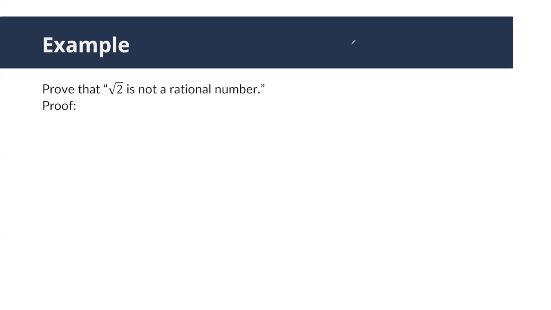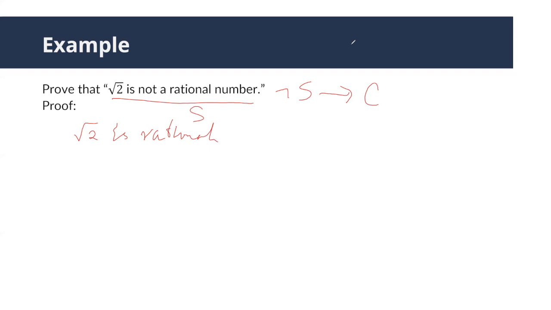So we are going to assume not S is true. Here, this is S. Then we'll try to derive some contradiction, C. We're going to assume not S is true, which is the square root of 2 is rational. What's next?